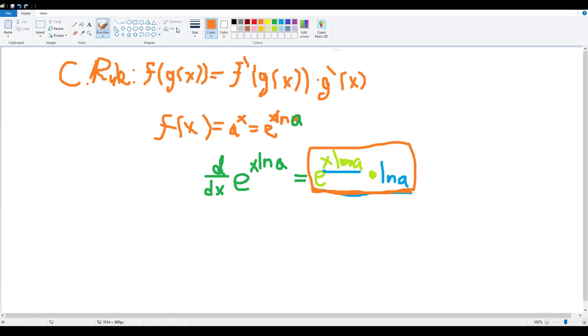So I guess actually we can simplify this a little bit. Just say a to the x ln a. Okay, so that is our derivative fully simplified. Let's just put a times in there so it's clear.